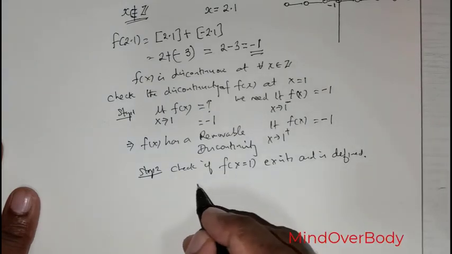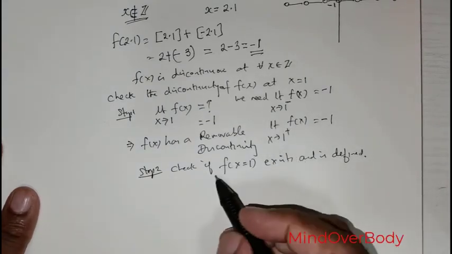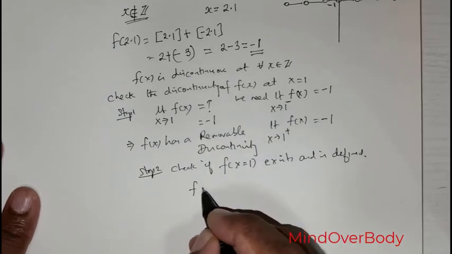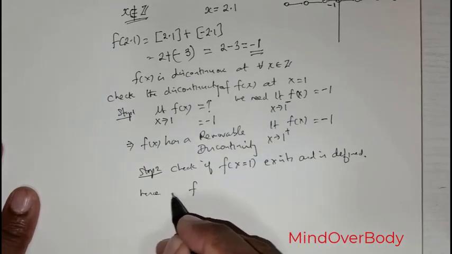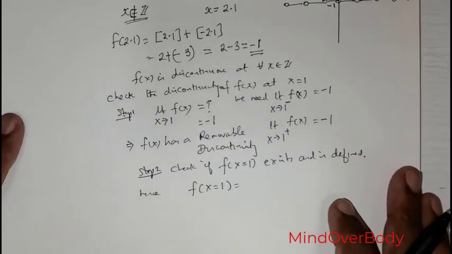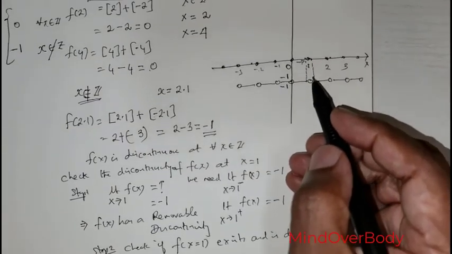So let's do that. So when x is equal to 1, what exactly do we get? What happens when x is equal to 1? Go back to the graph and check it.